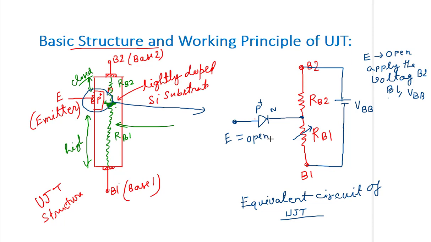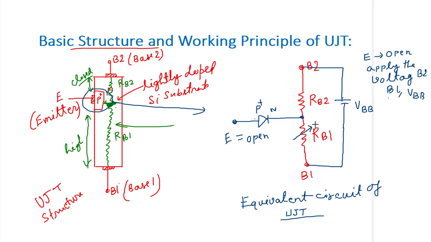What will happen? Emitter open means, suppose this is RB2 and RB1, so this is the voltage divider resistance. There will be some voltage drop across RB1, and across RB2 also some voltage drop.